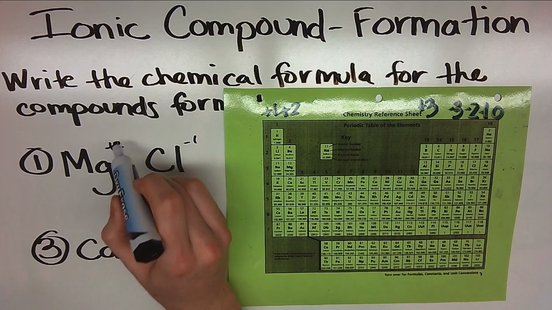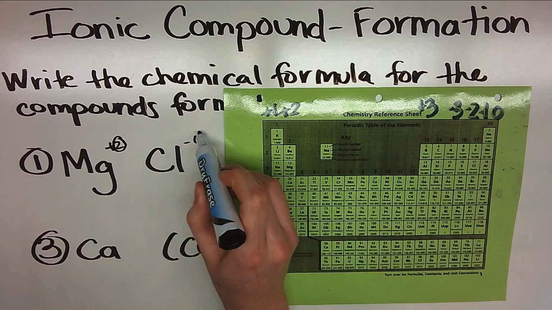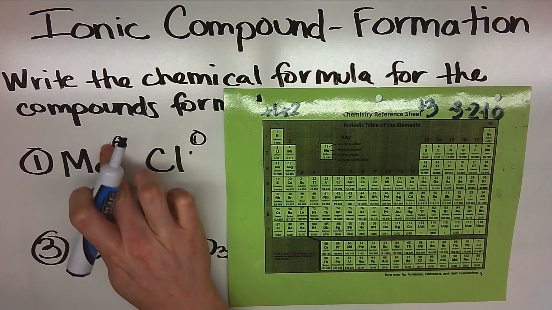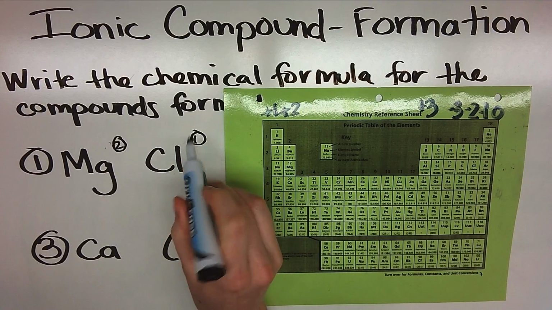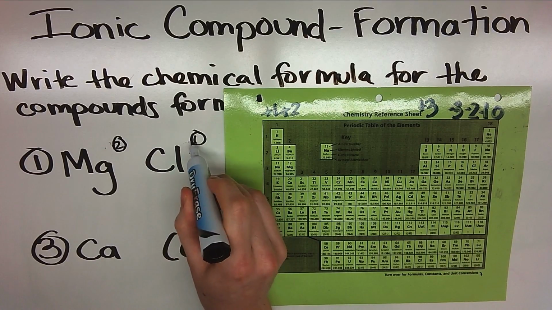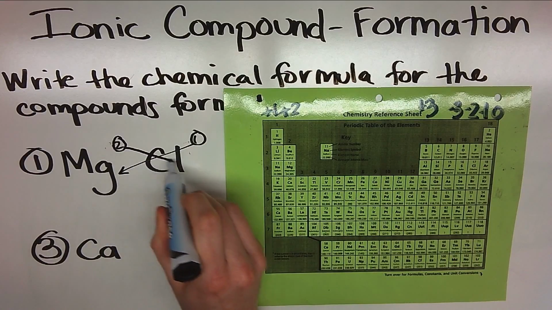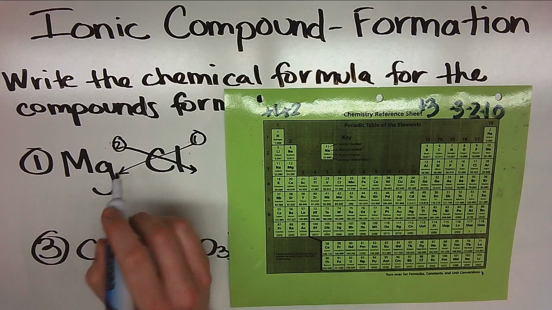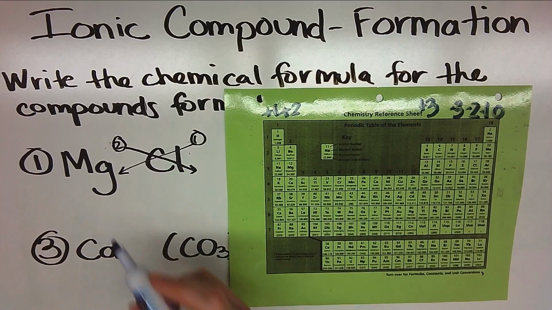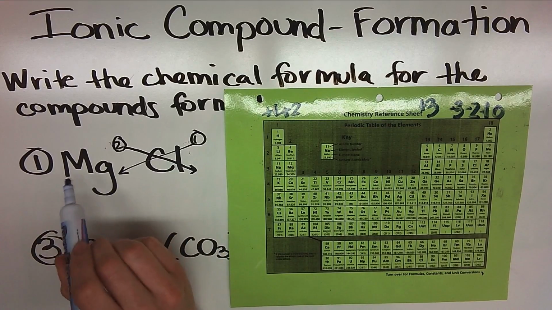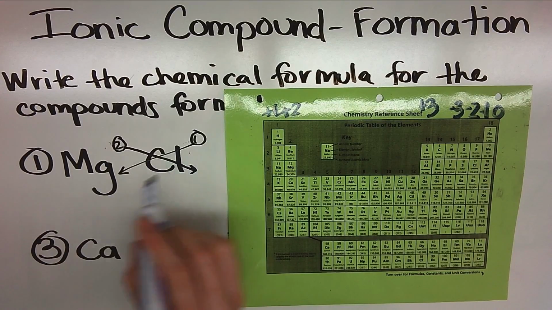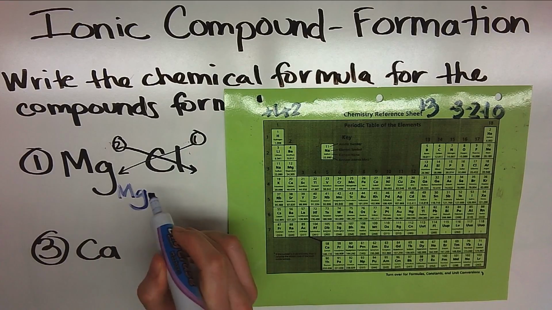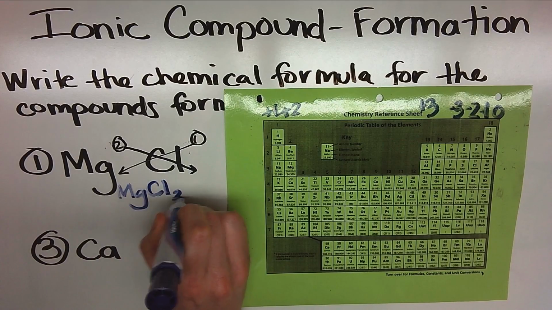So when I'm forming a compound, I circle the numbers, drop the charges, whether that's physically marking them out or just forgetting about them, and then I crisscross the numbers. Now remember, if I'm putting a 1, I don't have to write that 1. So my compound formed between a magnesium ion and a chlorine ion would be Mg1, so I'm just going to leave it MgCl2.